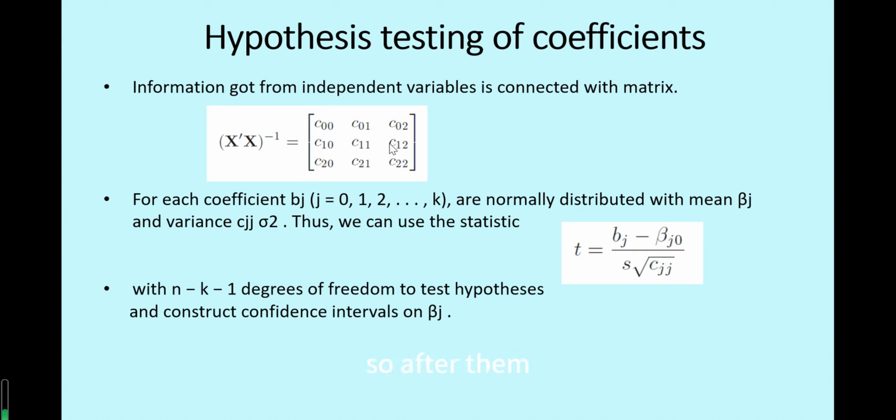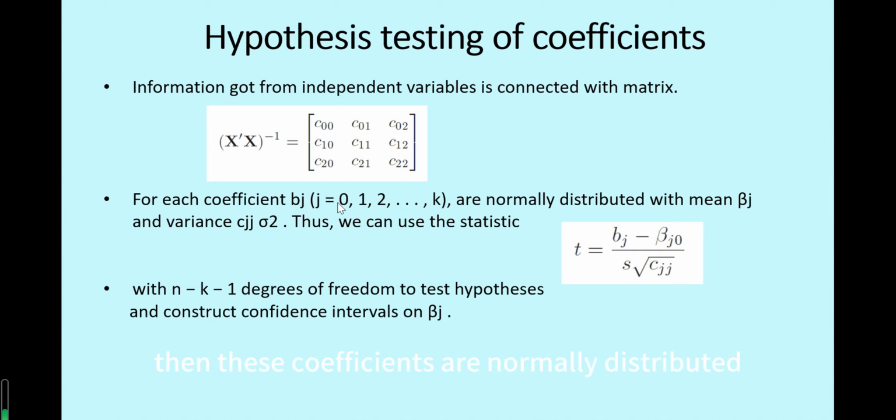After the regression model has been estimated, we get the point value of the coefficient bj for all j from 0 to k, so this is k plus 1 coefficients.